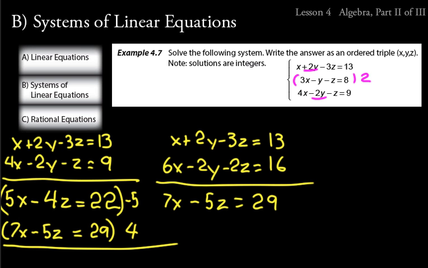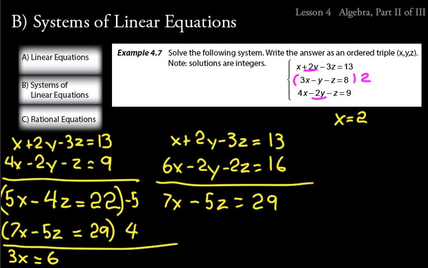So I have minus 25 plus 28x is 3x. The z's are going to cancel. Then I have 22 times negative 5 is minus 110. 29 times 4 is a positive 116. Minus 110 plus 116 is 6. 3x equals 6. So that means x equals 2.